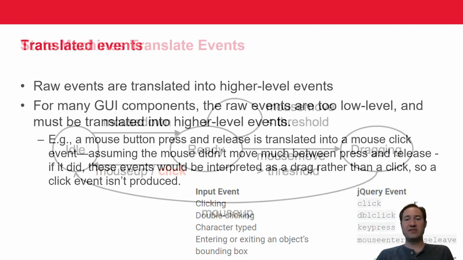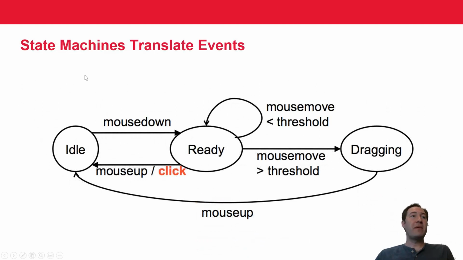So let's talk about this as a state machine. We'll think about the mouse. Right now, your mouse is idle. Nothing's happening with it. When you push the mouse button down, this mouse down raw event gets put in a ready state. This is all going to be read into a queue.